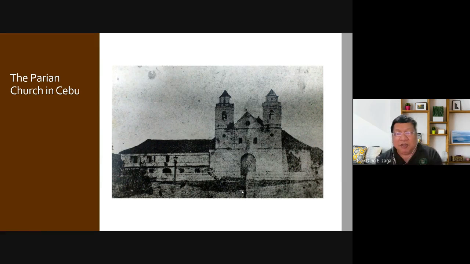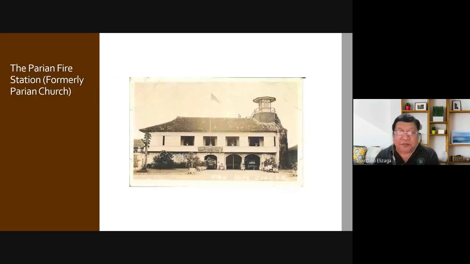This is now in Parian, and most of the Chinese went here, and most of the Chinese were rich. So this is more beautiful than the cathedral. So better get rid of it. The controversy is that the cathedral somehow found a way to have this destroyed so that the money that went to this church will go to the cathedral.